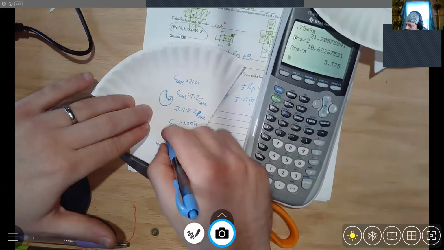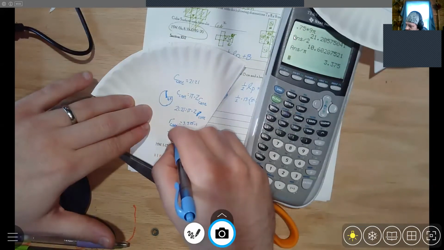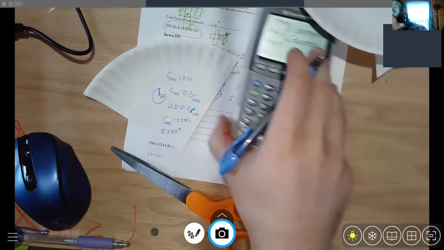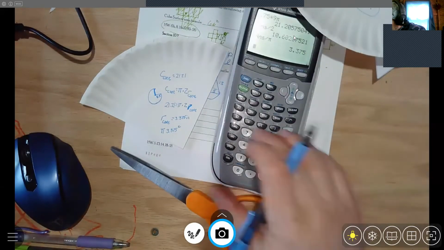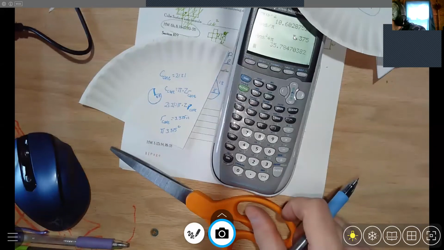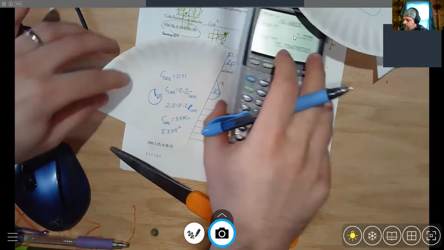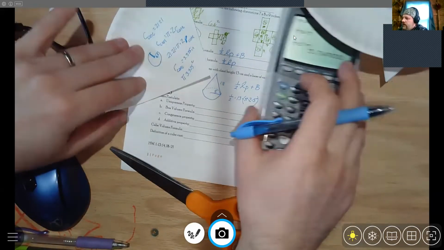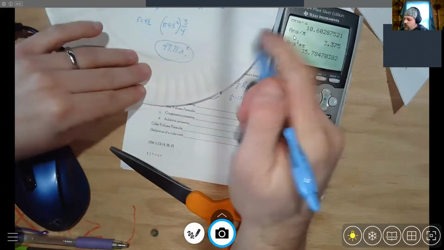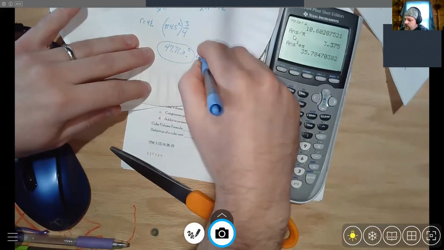So that's just pi times 3.375 squared. So square the answer times pi, we get 35.784. So our lateral area, we figured out, was 47.71. That's the lateral area.